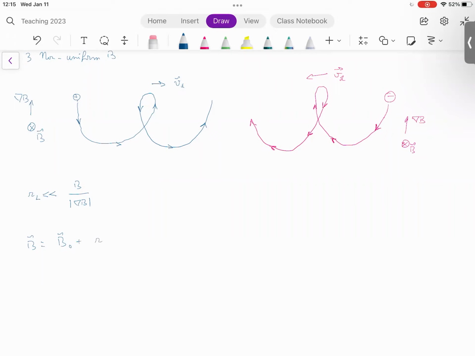And then I have the first term in the Taylor expansion of the magnetic field, which is going to be given by R, where R is the changing position of the particle, dot grad B. Okay, now this is going to be a little bit of work, and it's not terrible, but it may be better to leave you hanging, and we will see this in lecture 5.